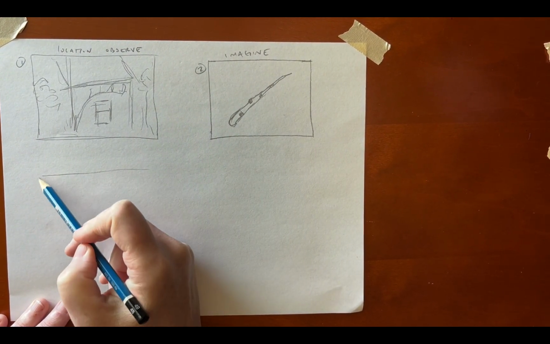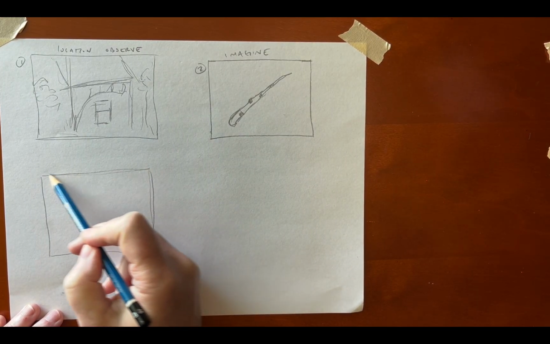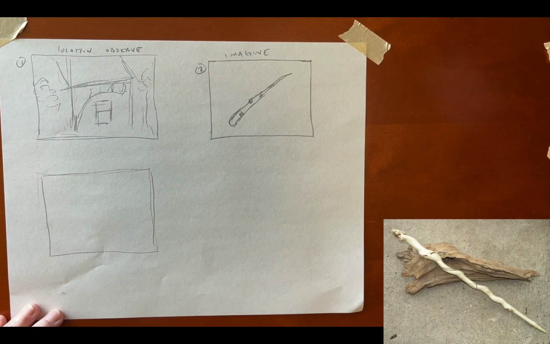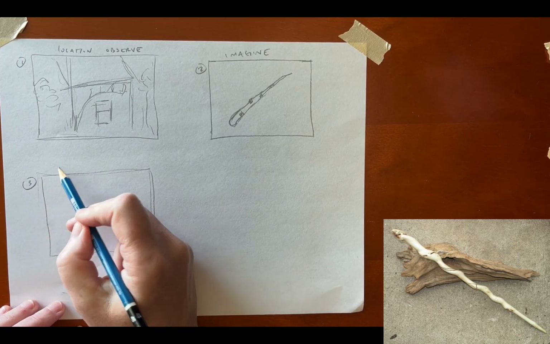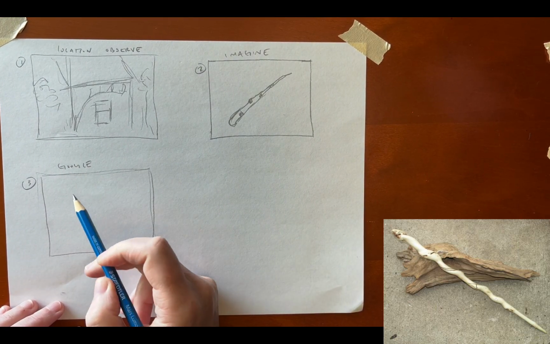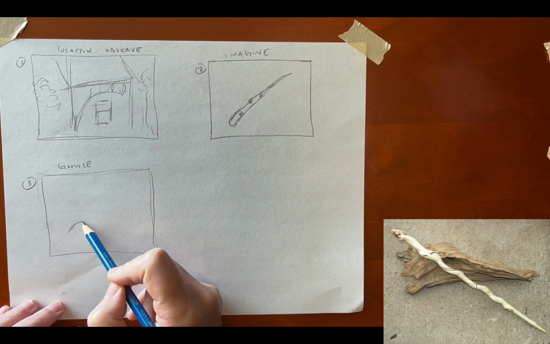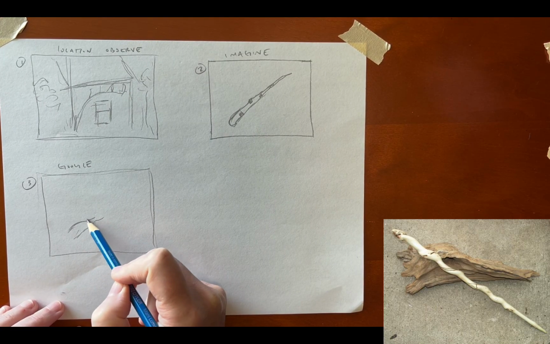And then step three is optional, but if you want to, you can go to Google Images and look up an image of a wand, your imaginary object. And I wanted to do that because I knew I had seen some online that looked twisted.